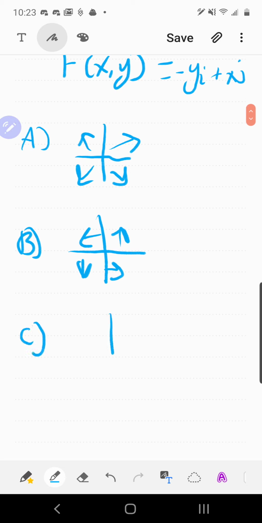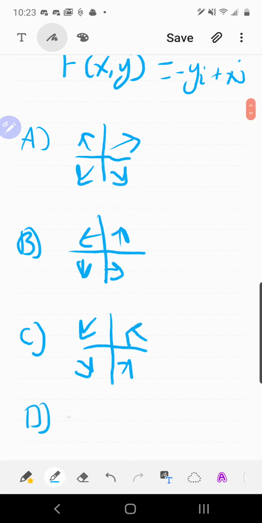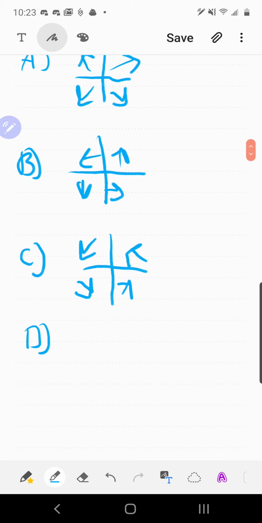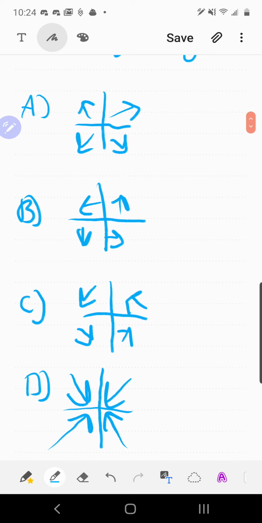C has this. D is an interesting one. Okay, cool, we can see them all.